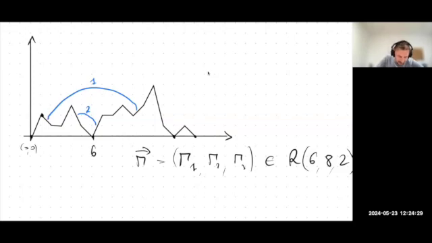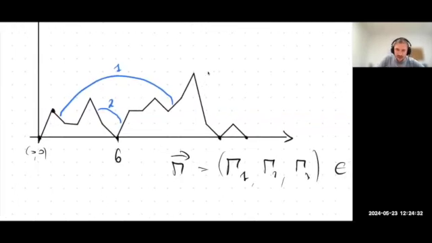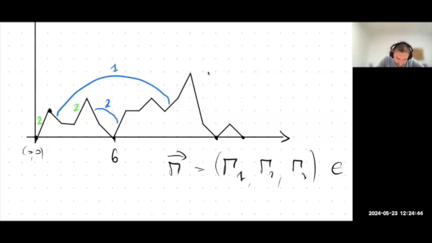So I will recall what's the definition of Łukasiewicz path. So I should look at the increments of the up steps. So let me just draw all these increments. So this one is of increment 2. This is of increment 2. Then this up step here is a paired up step, so I'm not looking at paired up steps. So then I have an up step of increment 1, of increment 2, and of increment 1.